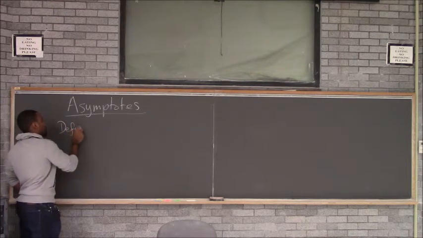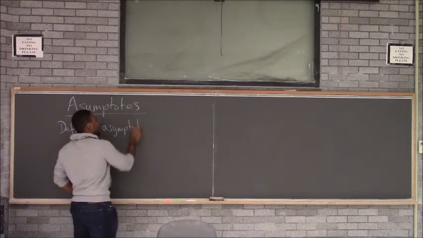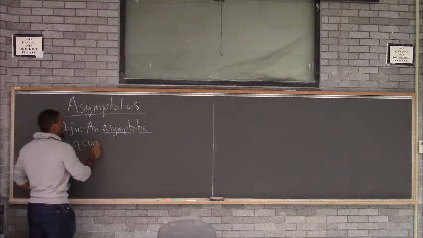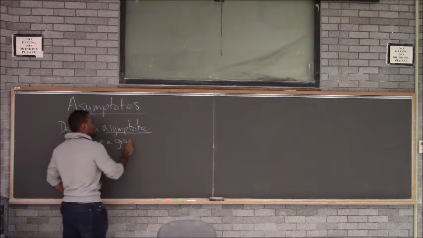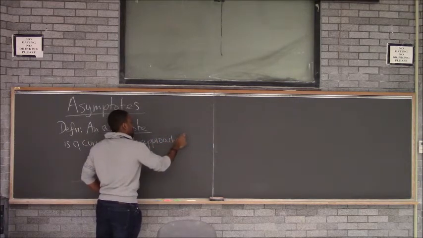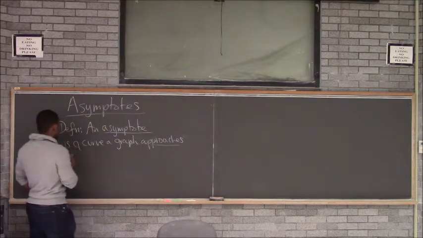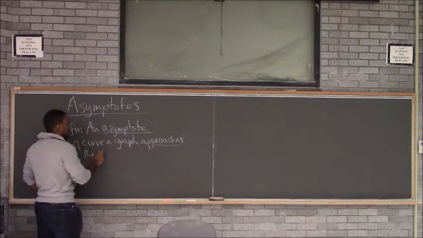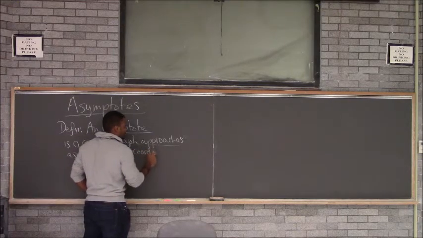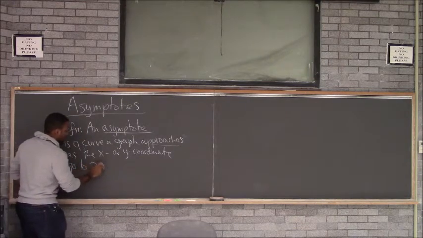So, what is an asymptote? This is a curve that your graph approaches, approaches is the keyword, as the x or the y coordinate goes to infinity.